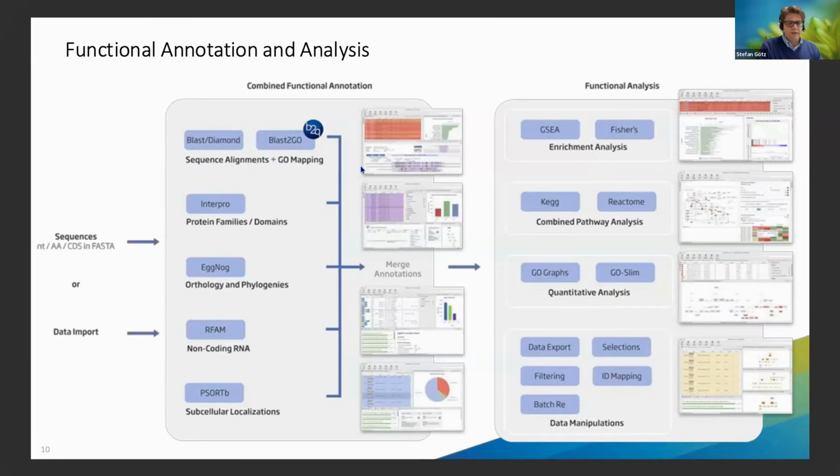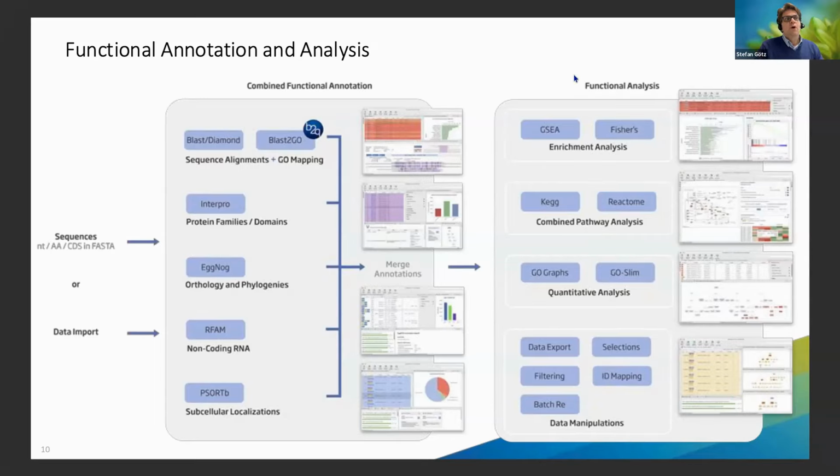So it's not like an AI-style black box. You put something in, you get something out, which you never will be able to understand. Here you can really see what's going on, and you can look through the intermediate results and then be confident about your final annotations depending on your downstream data analysis objectives.